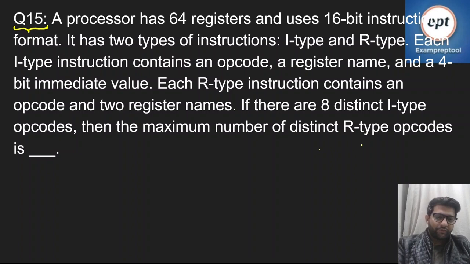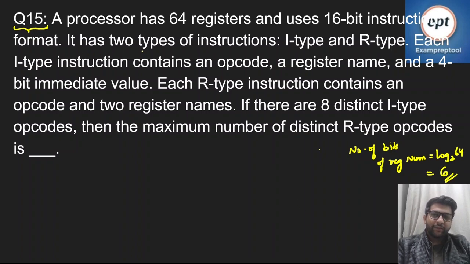So first of all, let's calculate the number of bits for register numbering, right? So it will be log base 2 of 64, that will be 6, right? Now this processor supports two types of instruction, right?